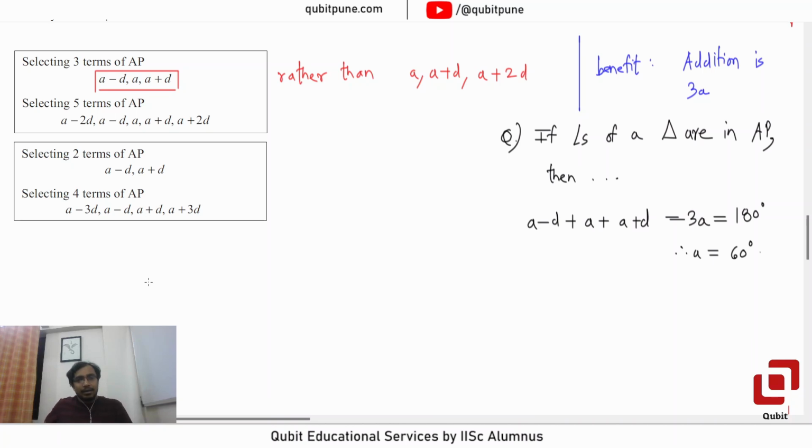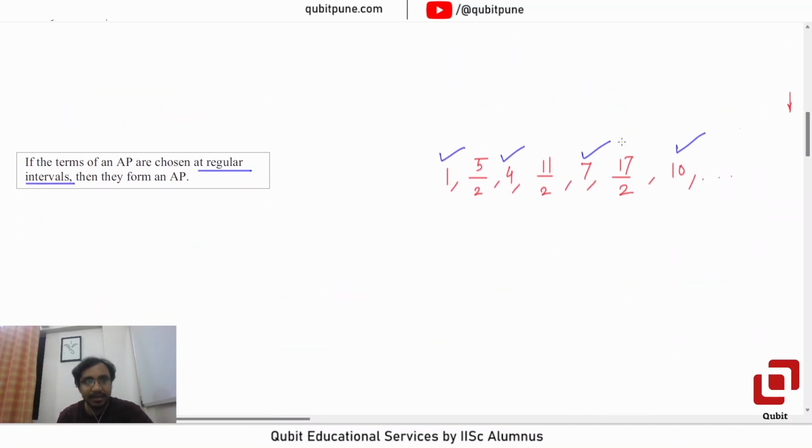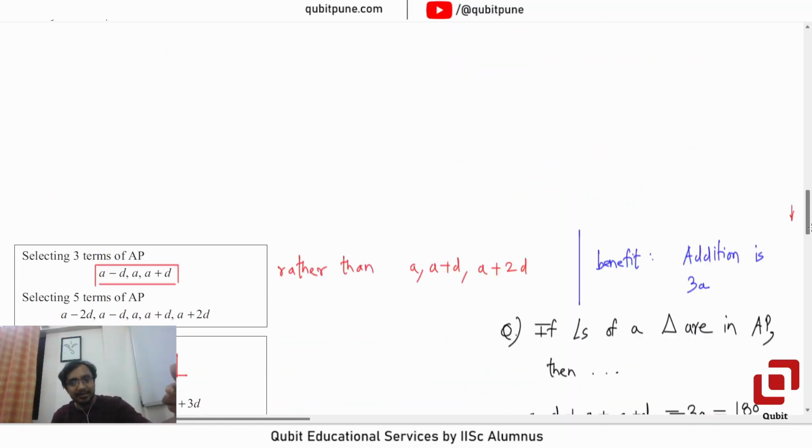Now if we want to select two terms of an AP, what we usually do is, we pick them as A minus D and A plus D. Now from this property that we just now discussed, if the terms of an AP are chosen at regular intervals, the result will still be an AP. Same thing.